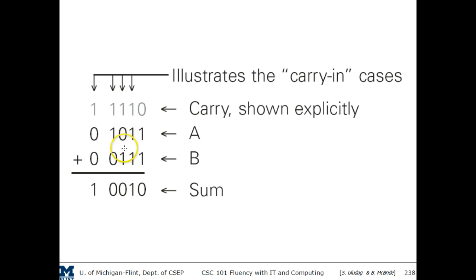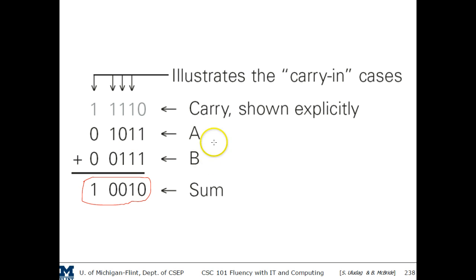A 1 plus a 0 plus a 1 is a 0 with a 1 carry. A 1 plus a 1 is a 0 with a 1 carry. And a 1 plus a 0 plus a 0 is just 1. So we end up with this bit pattern after we do the binary addition of A and B.